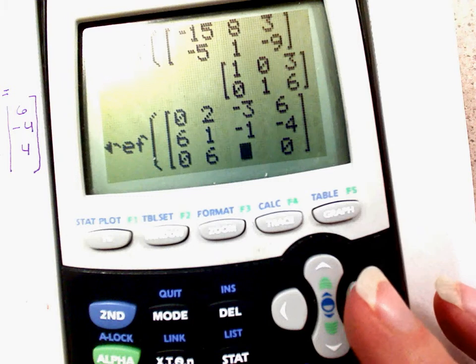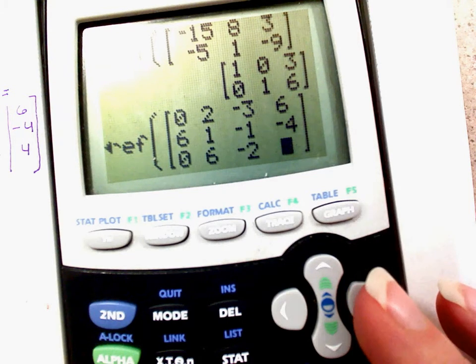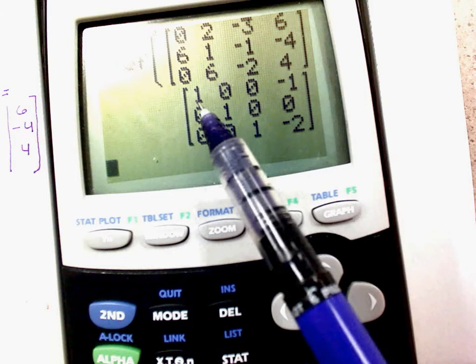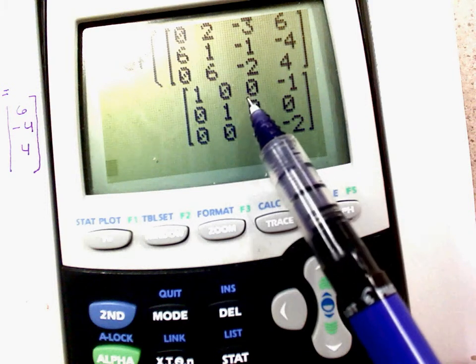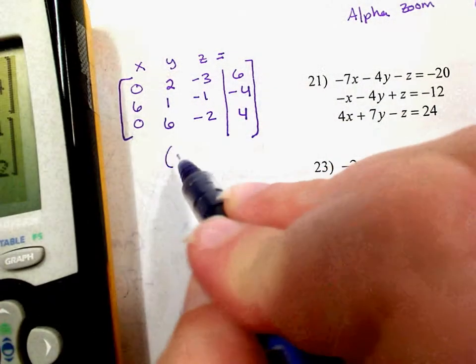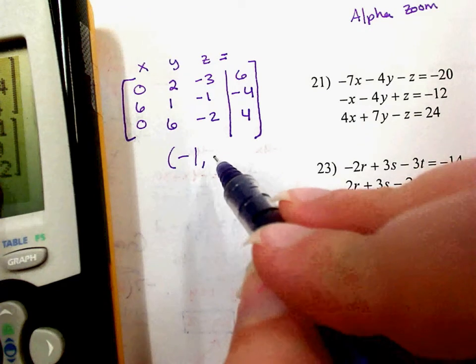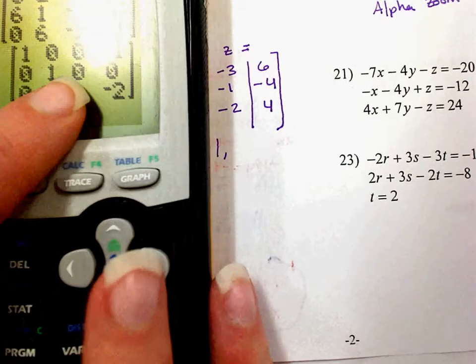Alright, I've got 1x plus 0y plus 0z. So what does x equal? -1. What does y equal? Y equals 0. Is that okay? Yeah, it's fine. What's z equal? -2.